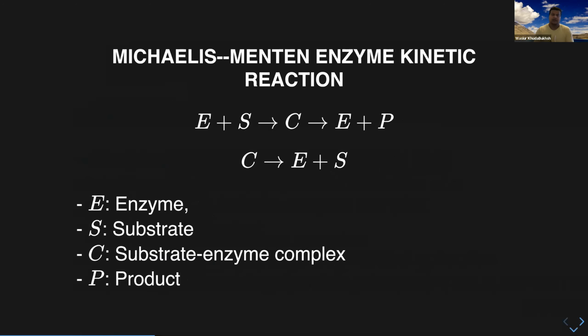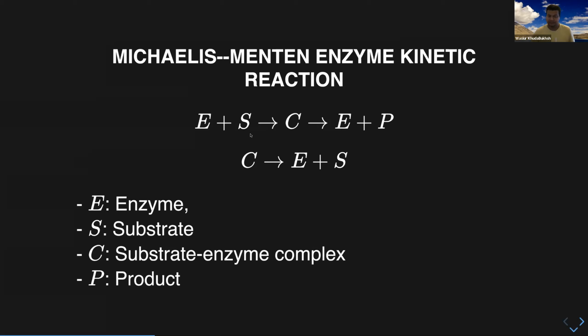So here's a couple of examples. What we see here is the classical Michaelis-Menten enzyme kinetic reaction system. So we have an enzyme which is denoted by E. We have a substrate which is denoted by S. An enzyme and a substrate bind together to form a molecule of C, which is a substrate enzyme complex.